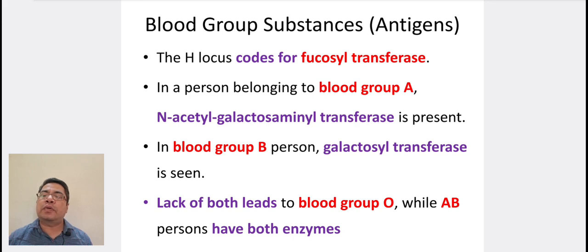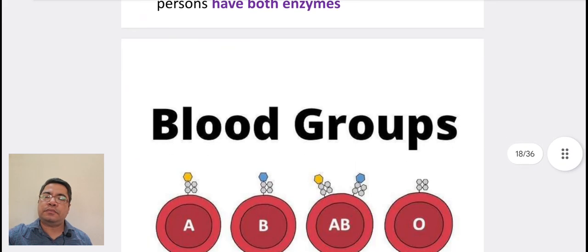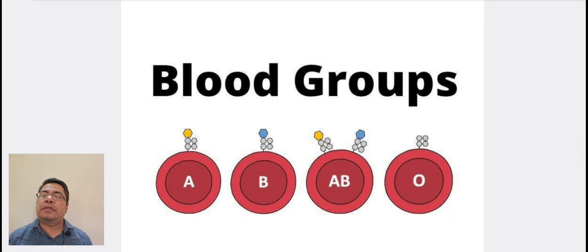In a person belonging to blood group A, N-acetyl galactosamine transferase is present, whereas in a blood group B person, galactosyl transferase is seen. If both are present, then it is blood group AB, whereas if both are absent, it is blood group O. In this diagram, we can see the A, B, and O systems along with their molecular structures.